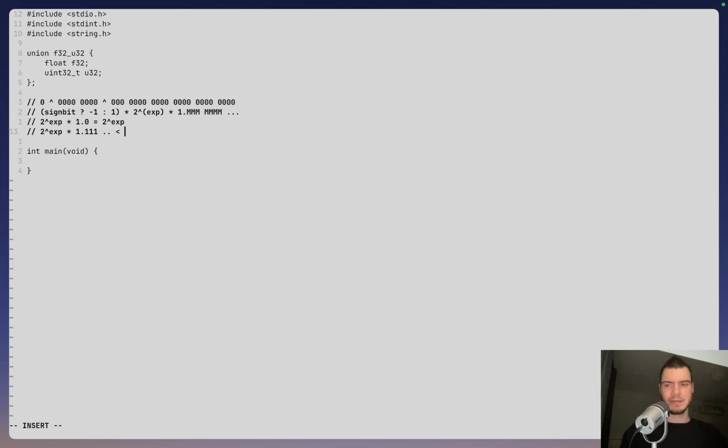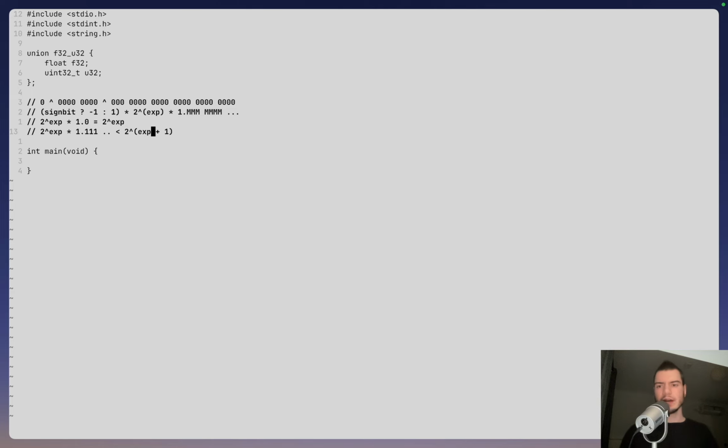This is not correct mathematical notation, but I hope it gets the point across. Exponent plus 1. So when all our mantissa bits are set to 1, we are very close, but not quite at the next exponent value.